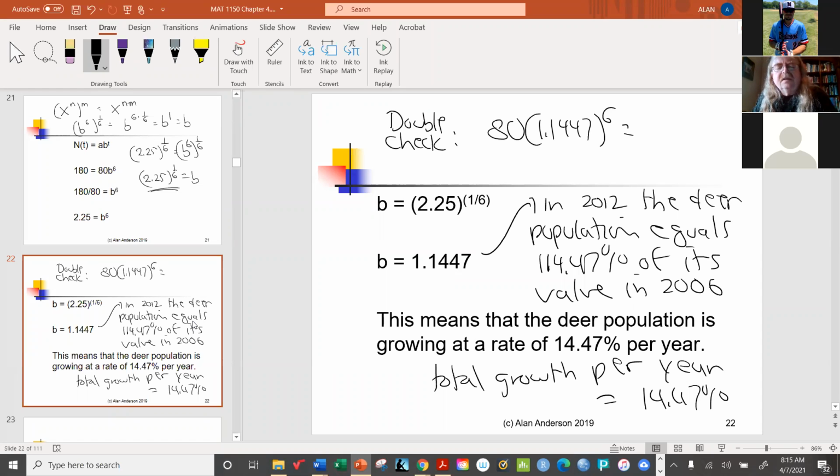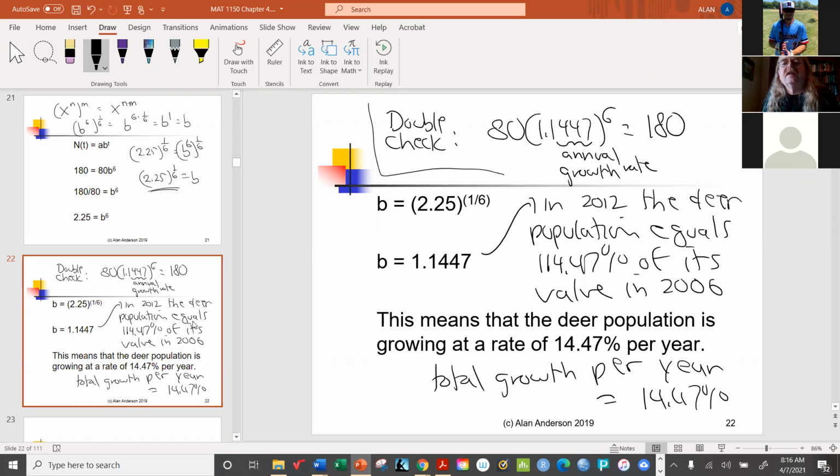Why, yes, it does. It's almost exactly, like I said, with a little rounding, it's 180. So in other words, this is the annual growth rate right here. And the 6, of course, means that the deer have been in this wildlife refuge for 6 years. And so the question is how fast.